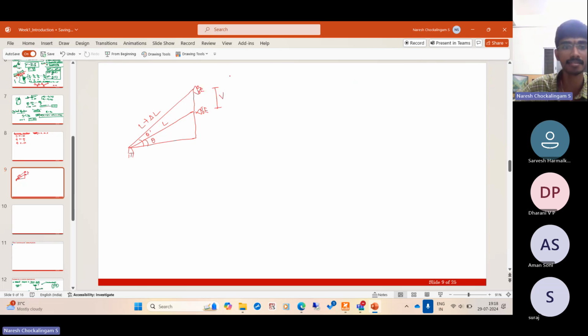Let us call this V. Now L plus delta L times cos of theta dash, what is this? This is equal to this length. Let us call this horizontal length h. This is equal to h. And what is L cos theta?